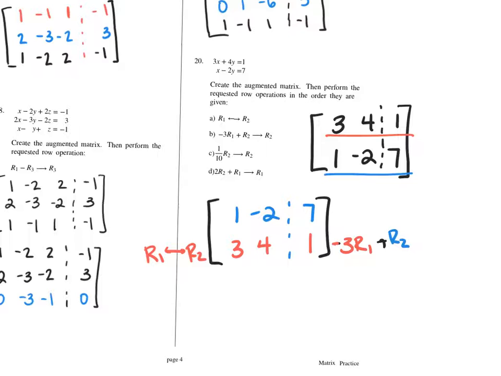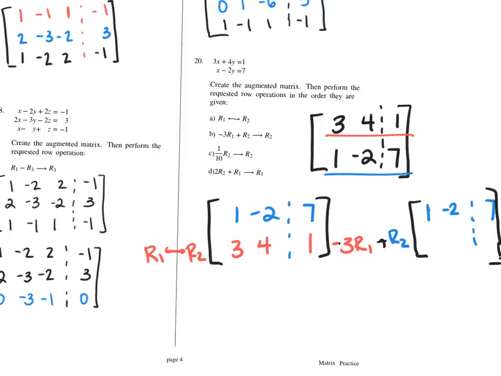So here's what happens now. When we do that, we get -3 times 1 is a +3. Or first, actually, we don't touch the first row. The first row will be 1, -2, 7.